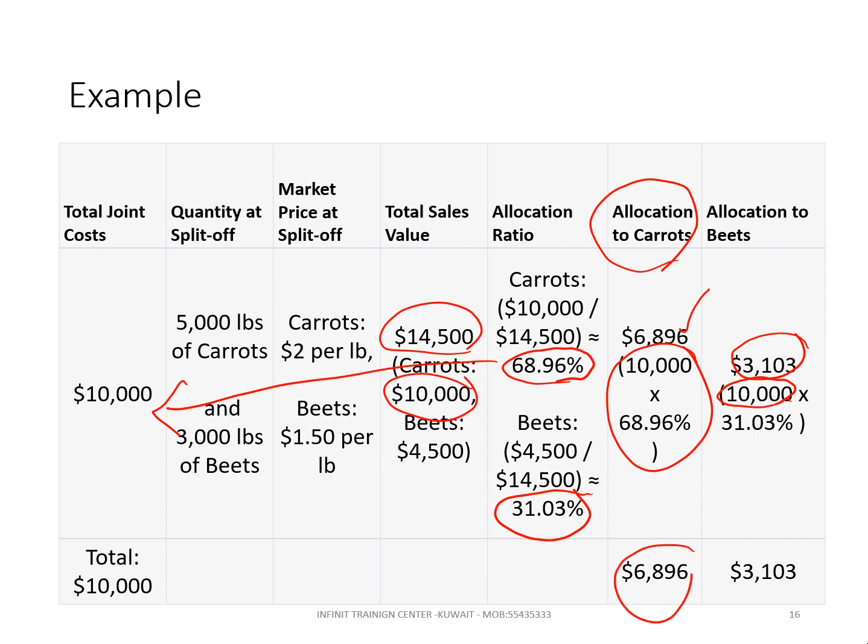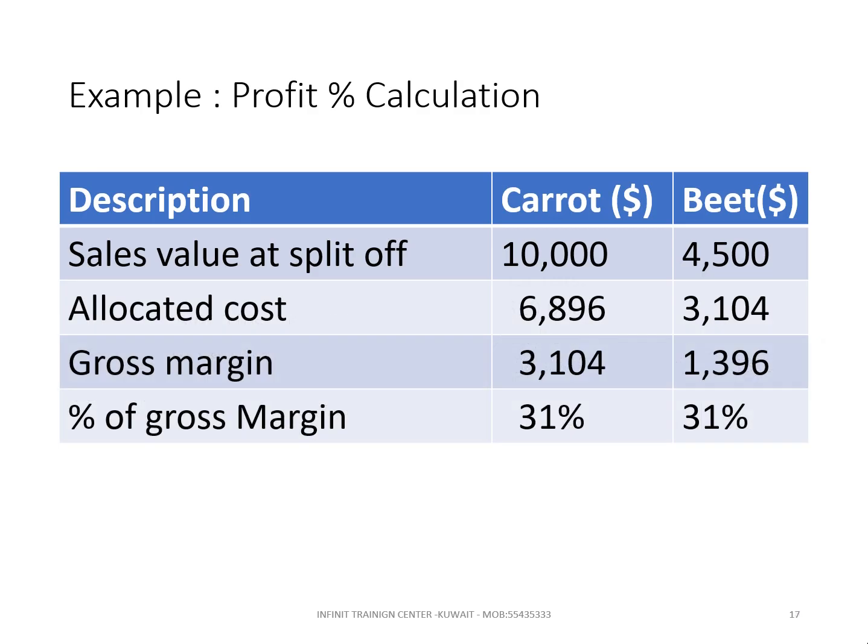Okay, so your allocation is 6,896 and 3,103 based on market value at split off point. So we can calculate our profit in this case. Carrot sales value at split off is 10,000. Here it is 4,500.